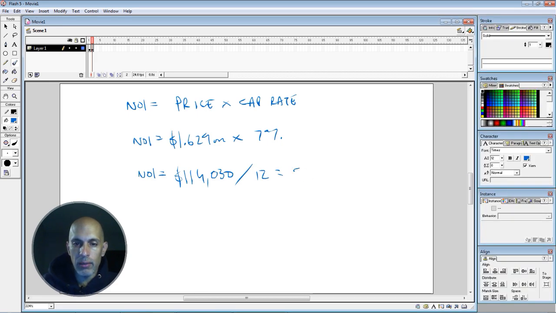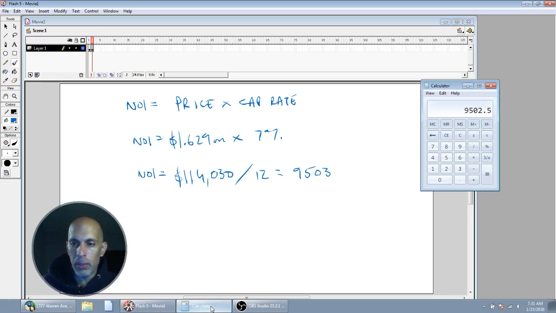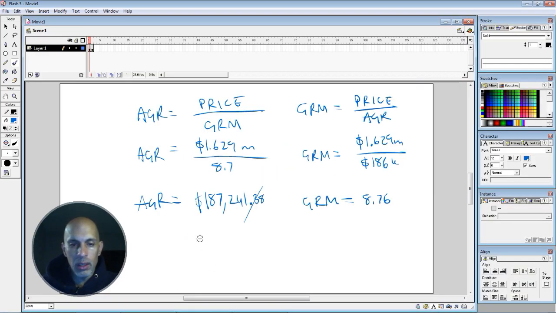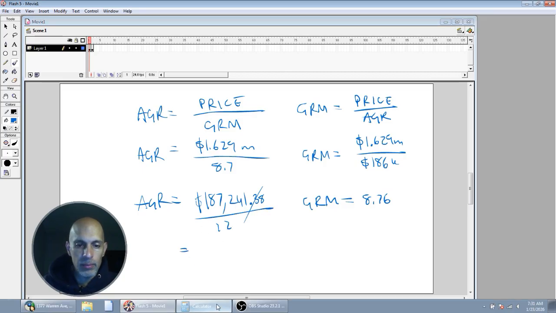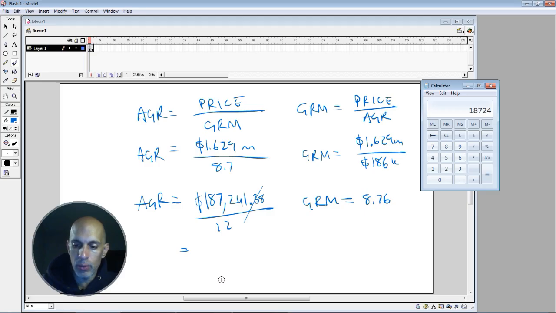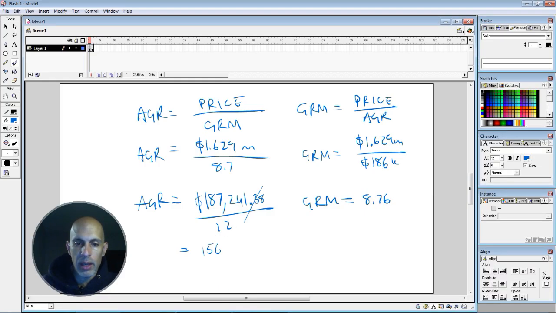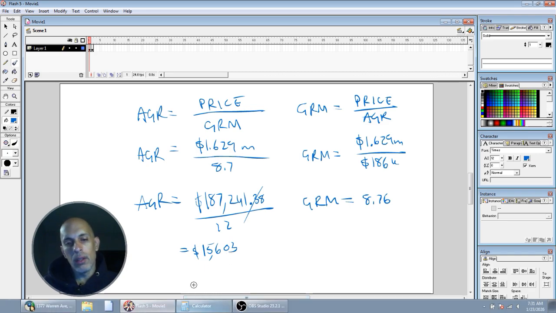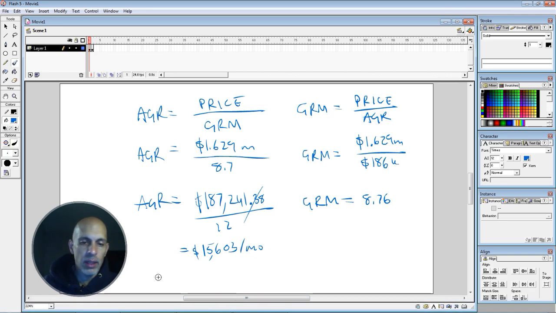That's 9.503, rounding up based on the 50 cents. And for this one, if I divide 187,241 by 12, we're looking at $15,603 a month. That's our gross rents.